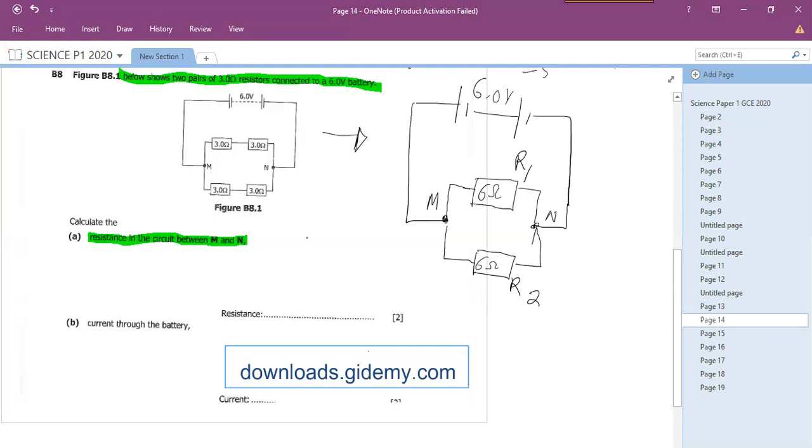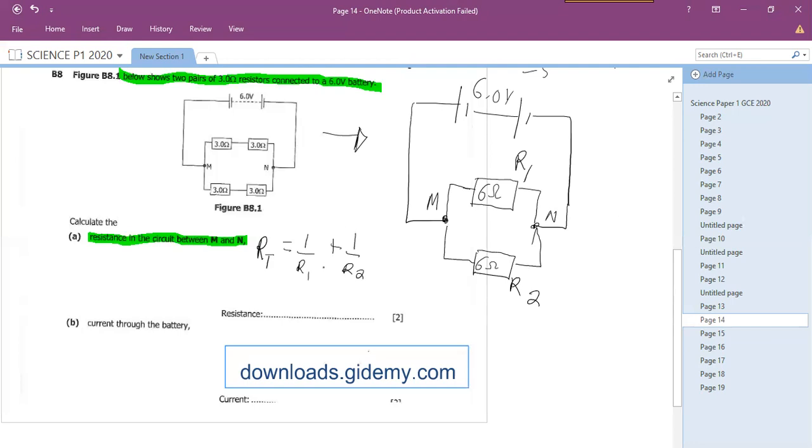For resistance connected in parallel, to find the total resistance, we use the reciprocal of resistance, the upside down version. So R total, the total resistance, will be 1 over R1 plus 1 over R2.